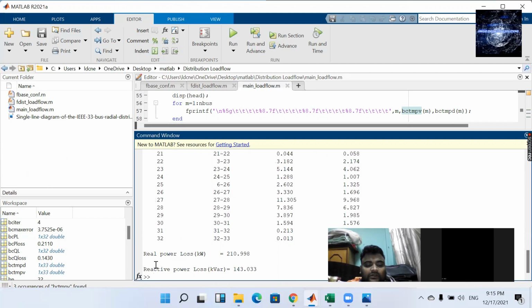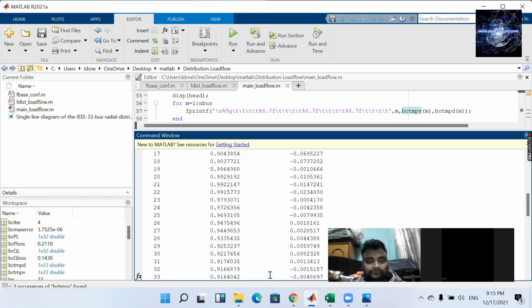And we have calculated the total power loss: active power loss is 210.99, almost 211 kilowatt, and reactive power loss is 143.033 kilowatt.